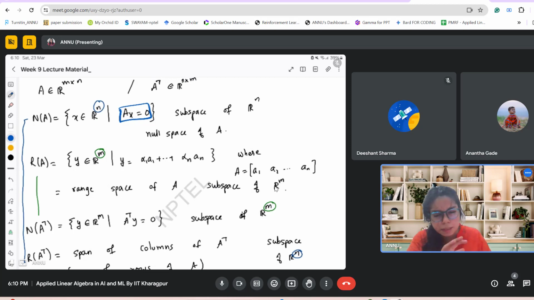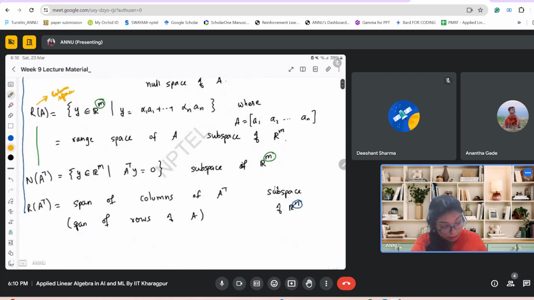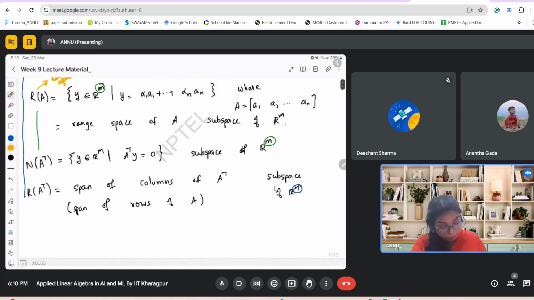That is called range space, also called column space. Row space is different and range space is different, so you have to take care. This range space is equivalent to column space. If we write R of A transpose, meaning range of A transpose, that will be the row space, because here we are talking about the span of the columns of A transpose.